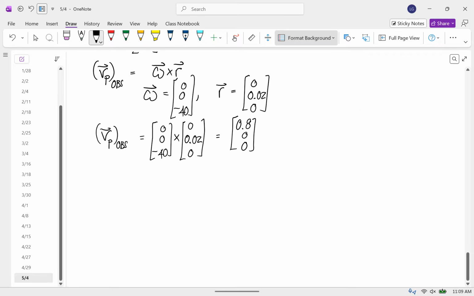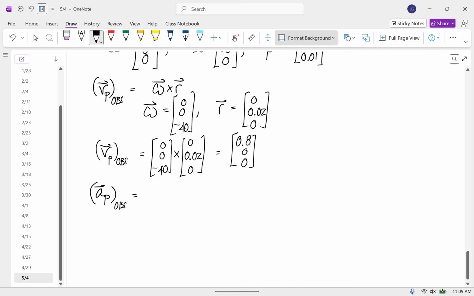And now we'll calculate the acceleration that's observed. And we'll use the watermelon equation. The only new thing that we didn't already find above here is alpha, and alpha is equal to 0, 0, negative 100.